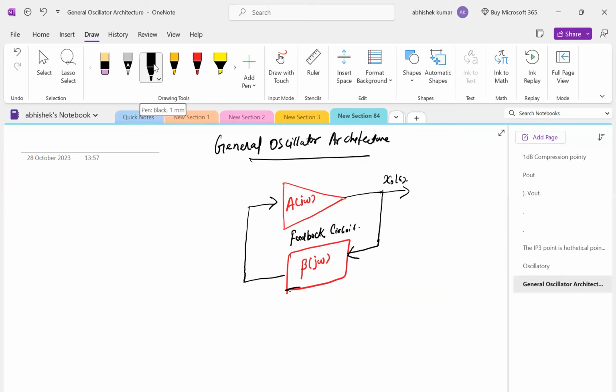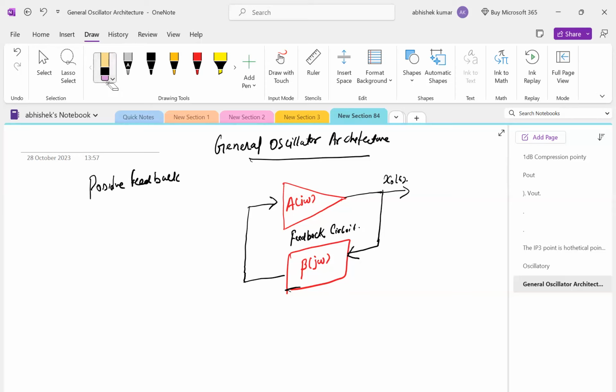Generally in our oscillator, we have positive feedback. If a constructive frequency occurs, its loop gain is 1 and phase shift is 0.